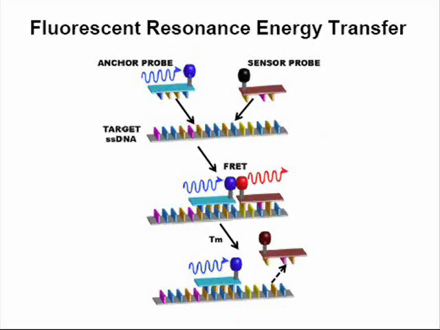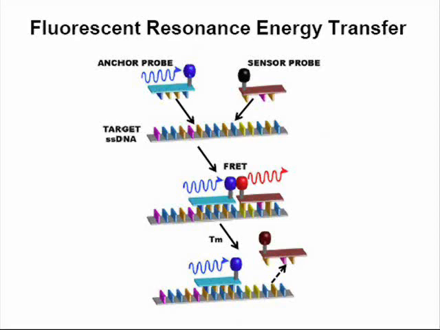Upon hybridization and continuous excitation of the anchor probe's fluorophore, these two probes are brought together within roughly a few base pairs, 2 to 6, maybe about 100 angstroms in distance. The resonance effect between the blue fluorophore will cause the fluorophore on the sensor probe to become excited and emit a red light.